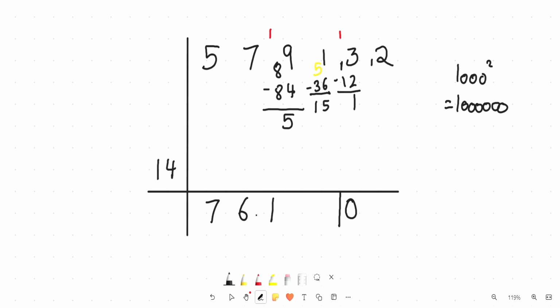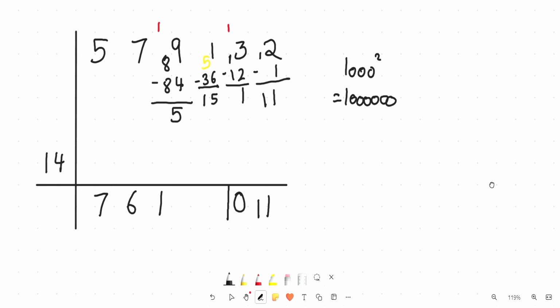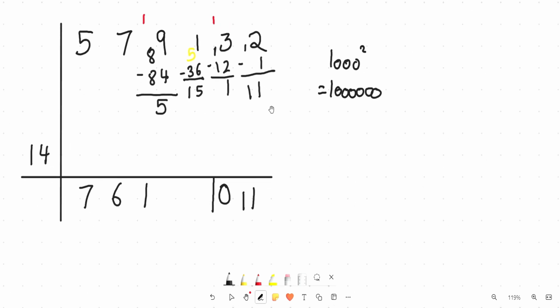Okay, and we have duplex of 610, that's just 1, so 12 minus 1 is 11. So our final remainder for this question is 11. This means that if we had subtracted 11 from 579132, then the resulting answer being 579121, our square root would be 761.